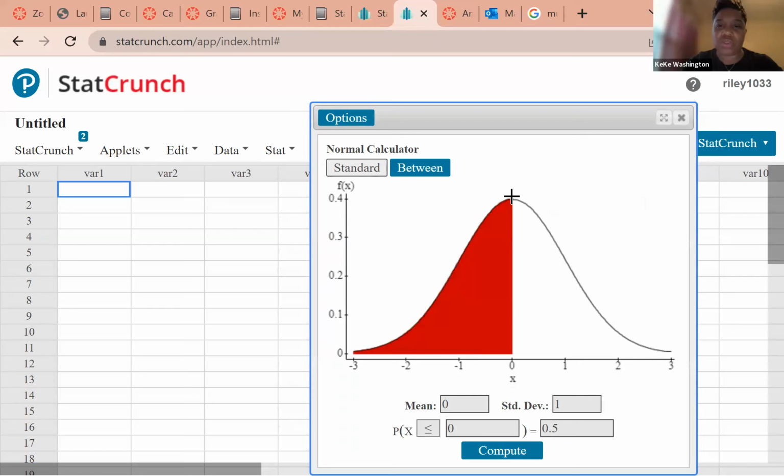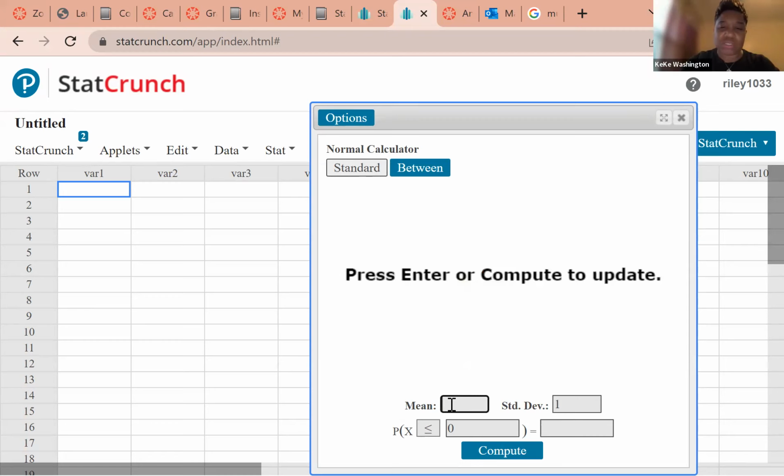All right, the question said between 87 and 91, and these were in X values. Because it's in X values, you have to enter the actual mean, which was 90, and the actual standard deviation, which was 4, as given in the problem.